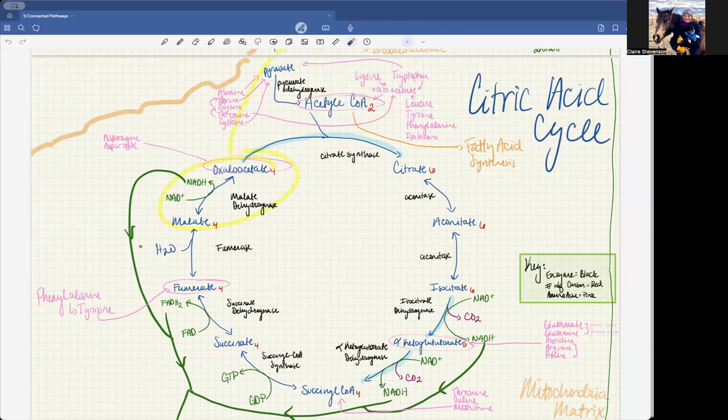Or if we're trying to create any of these amino acids, we can use these intermediates as a source to create the amino acids. So it's just, again, like I said, showing that fluidity of biochemistry.